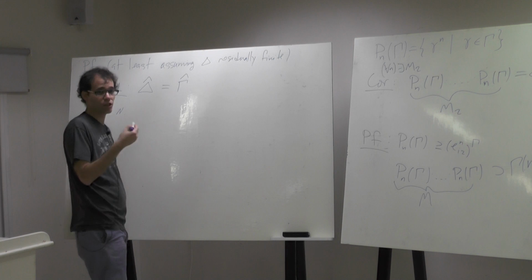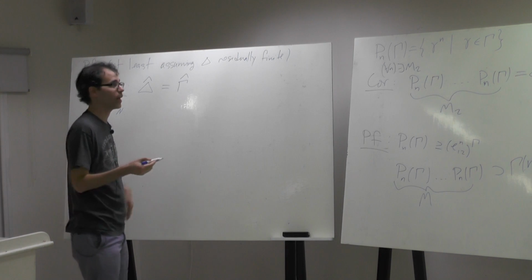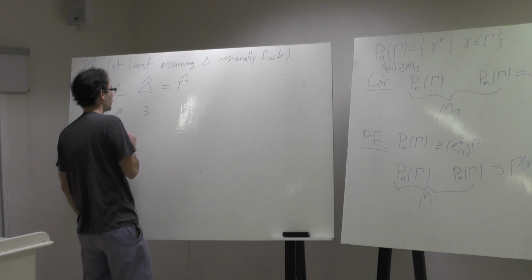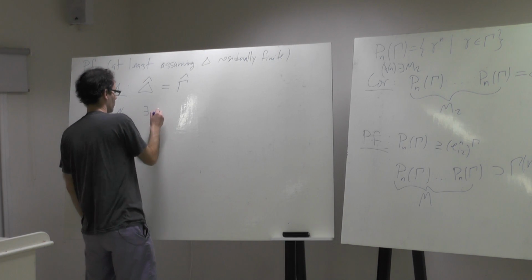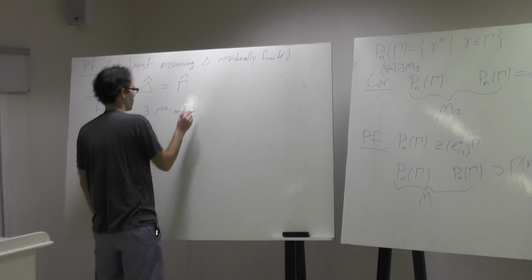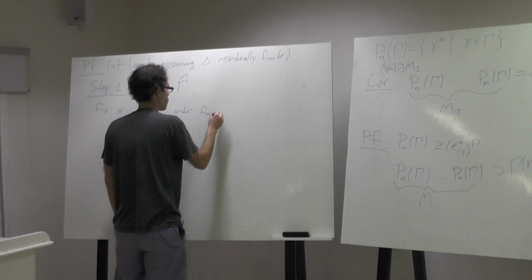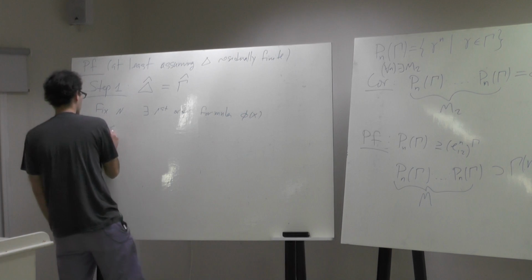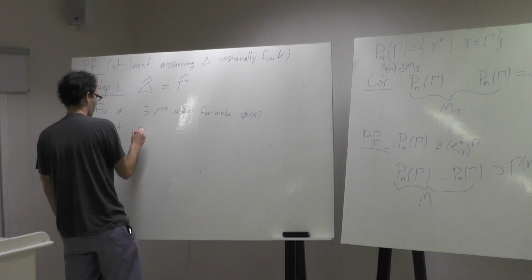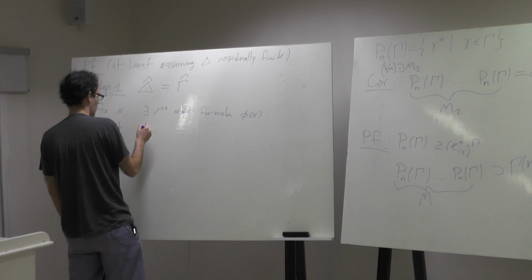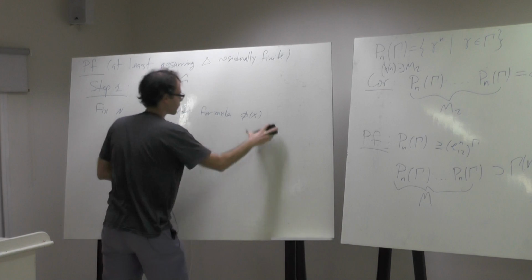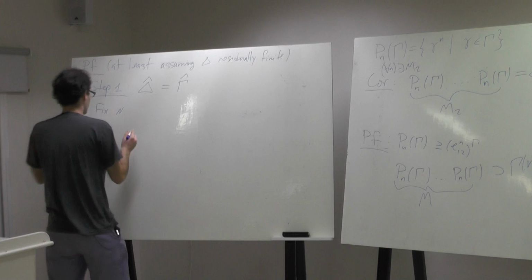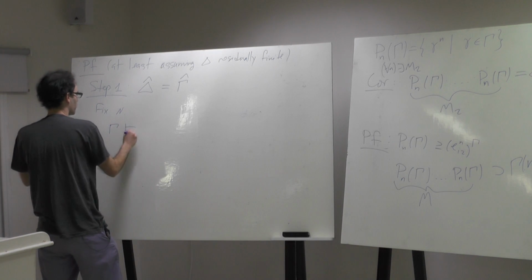Look at the group generated. So I claim that there is a first order formula phi of x such that gamma satisfies the following first order statement.